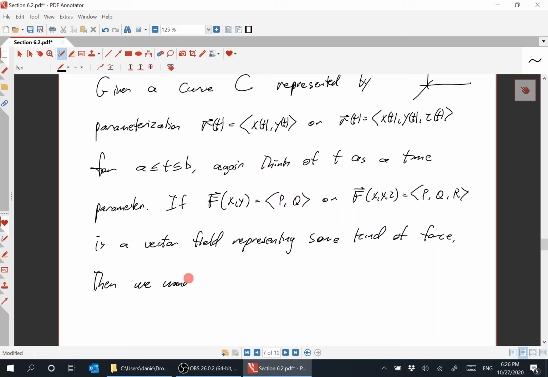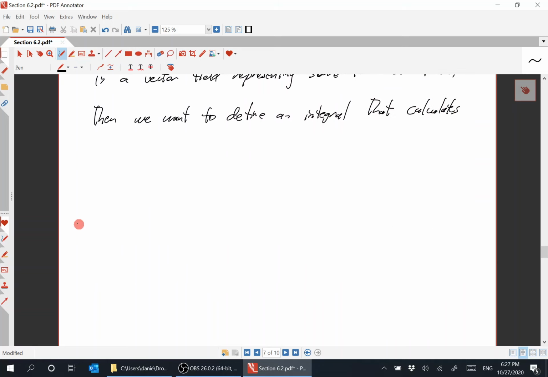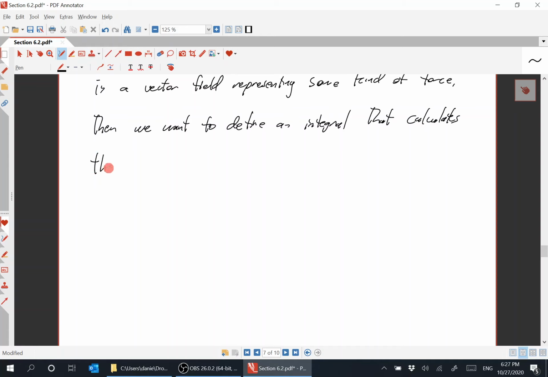We want to define an integral that calculates the work done by the force field F along the movement of C.